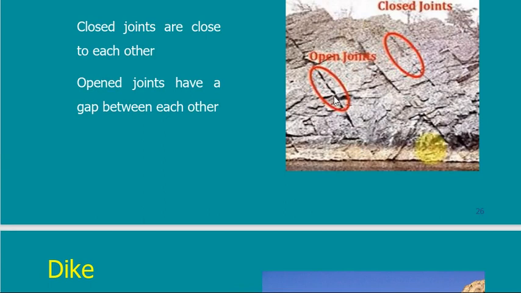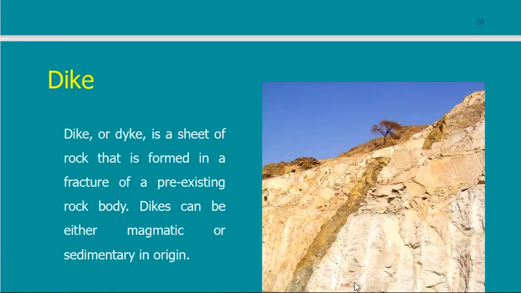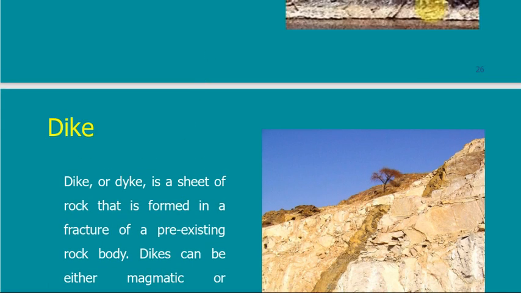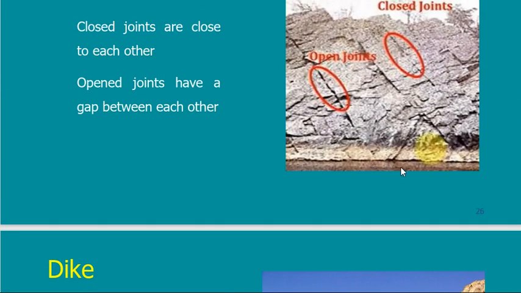Suppose that this open crack has a ductile material beneath it, similar to what you see now. This was originally a crack. It was just a small crack in the rock. But beneath this crack, there was some kind of hot ductile material. With time, the material below starts to move upward to fill this joint.